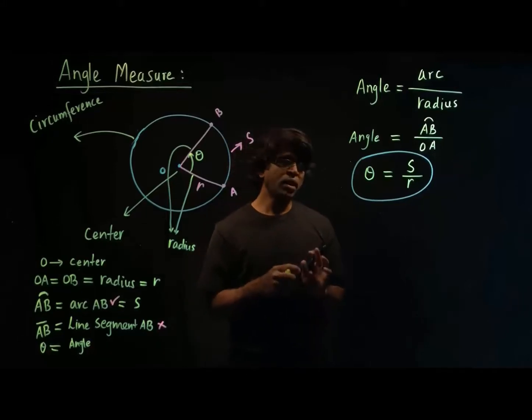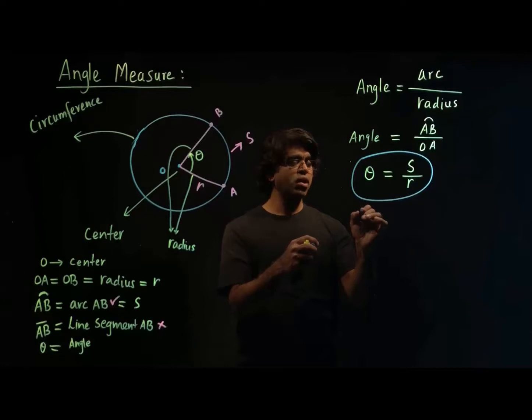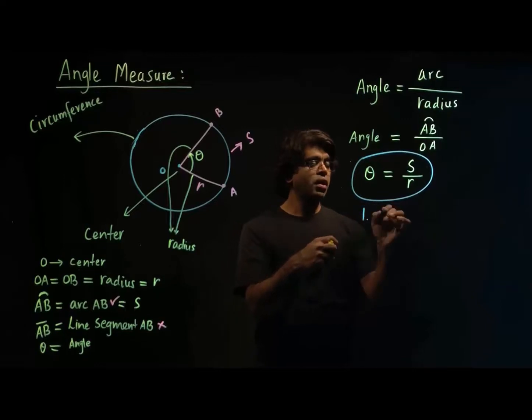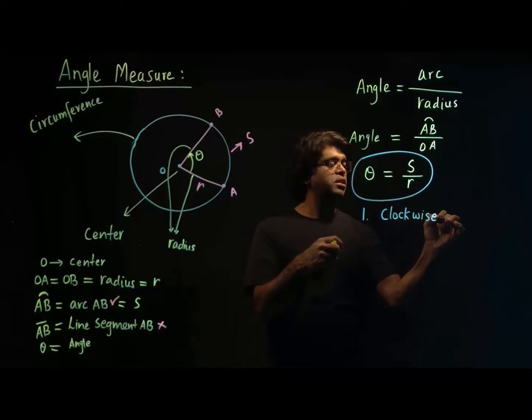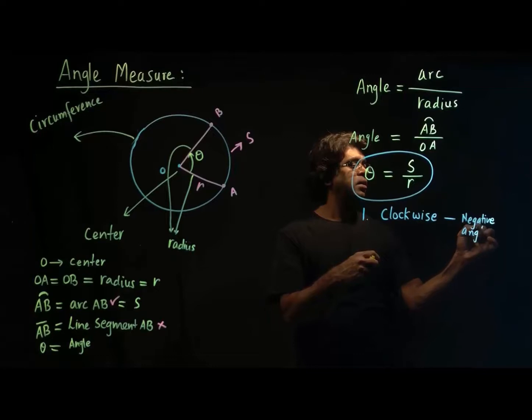Alright? Now, let's talk about some properties of angle. So the very first property: if the angle is measured clockwise, it's a negative angle.